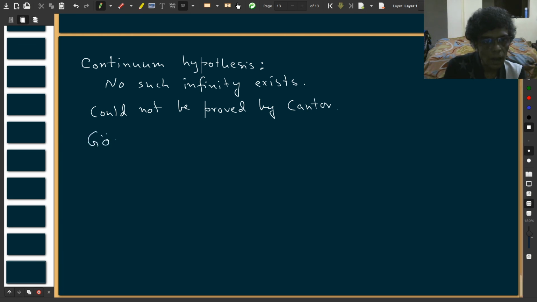Later, a person called Kurt Gödel also thought about this continuum hypothesis.